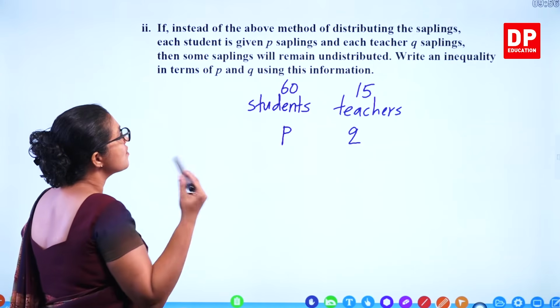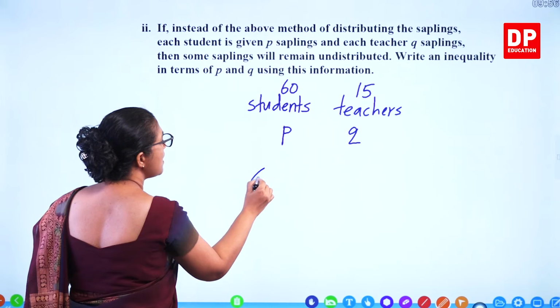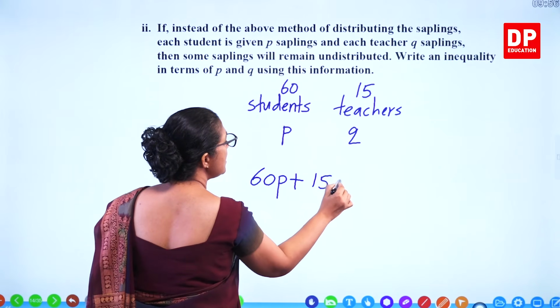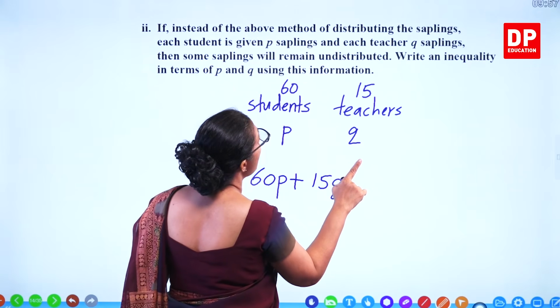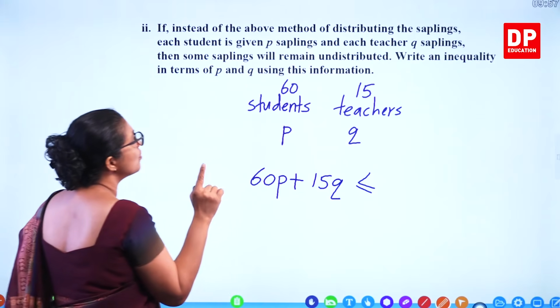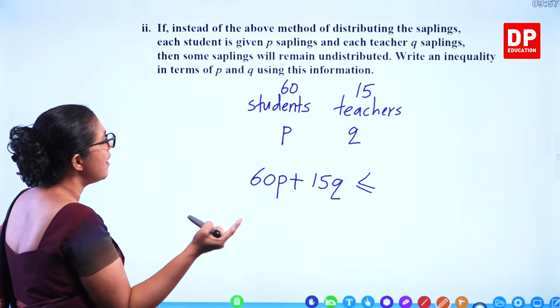So that means extra saplings are there. So the total 60P plus 15Q is less than or equal to... remain undistributed means actually not equal.